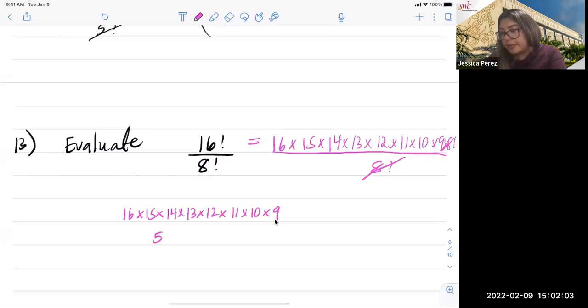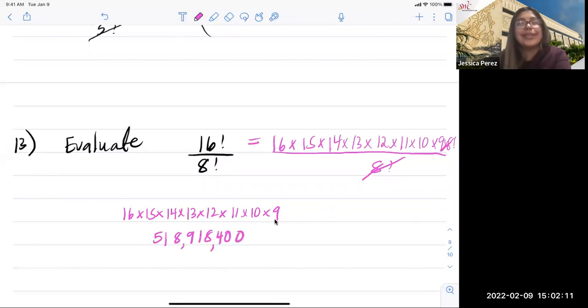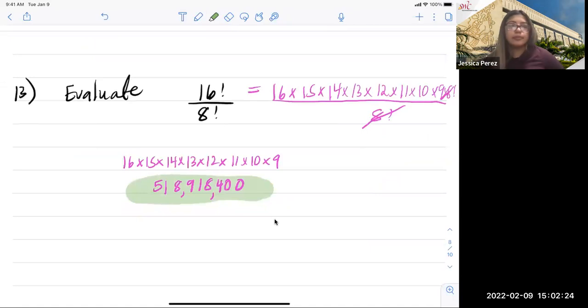So it's 518,918,400. That's what you get. Okay. You don't have to put commas in your solutions when you're typing your answer. You just put it in there.